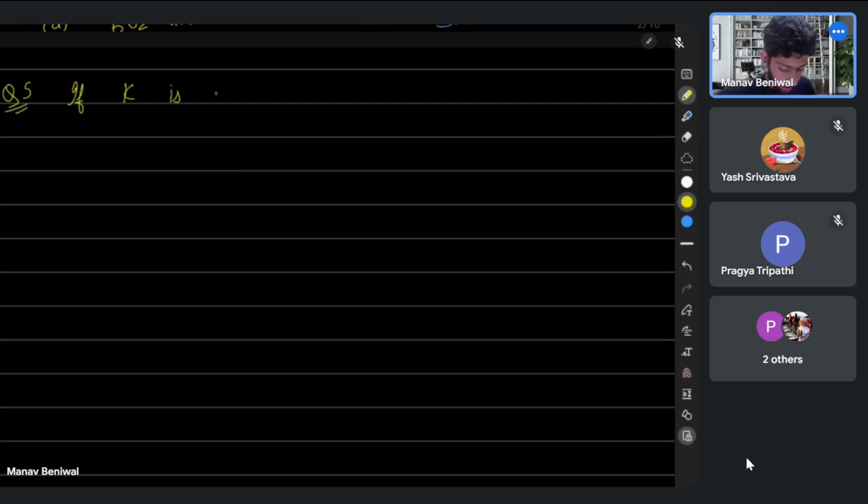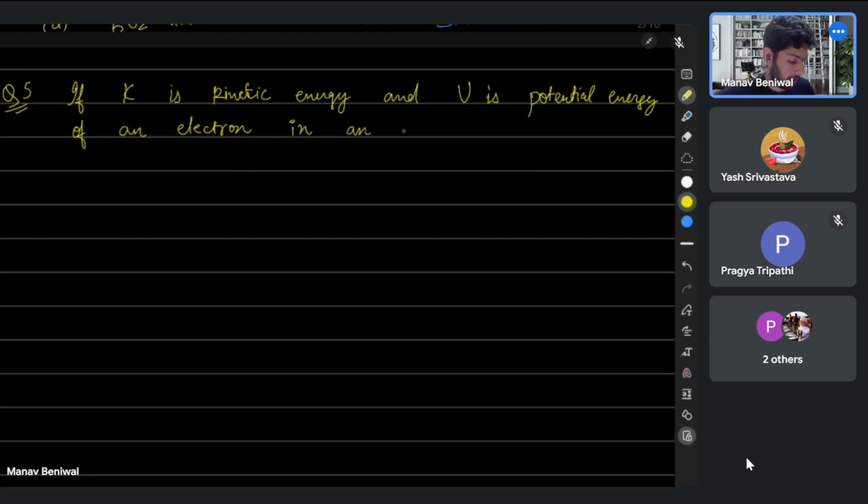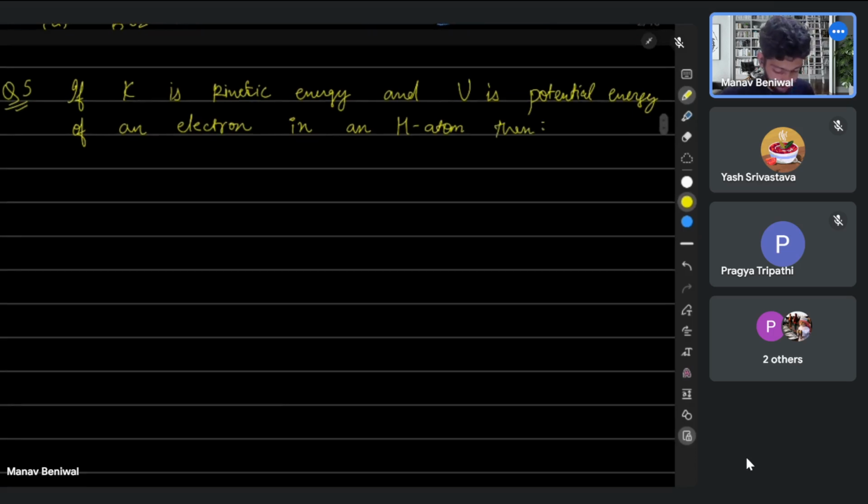If K is kinetic energy and U is potential energy of an electron in an H atom, then your options are: K is minus U over 2, K is U over 2, K is minus U, or K is minus 2U.